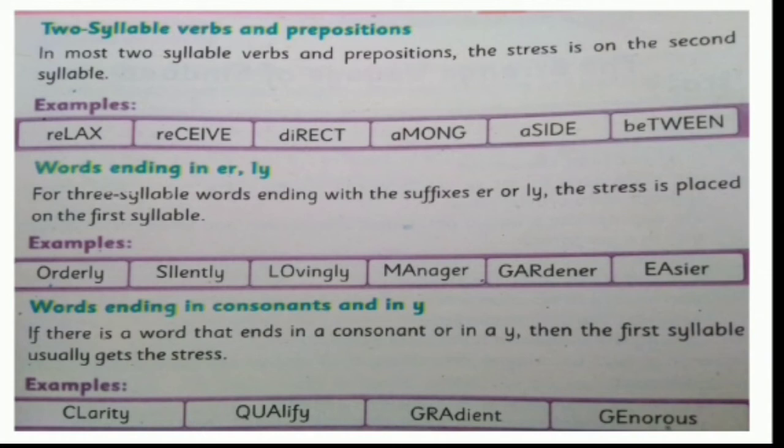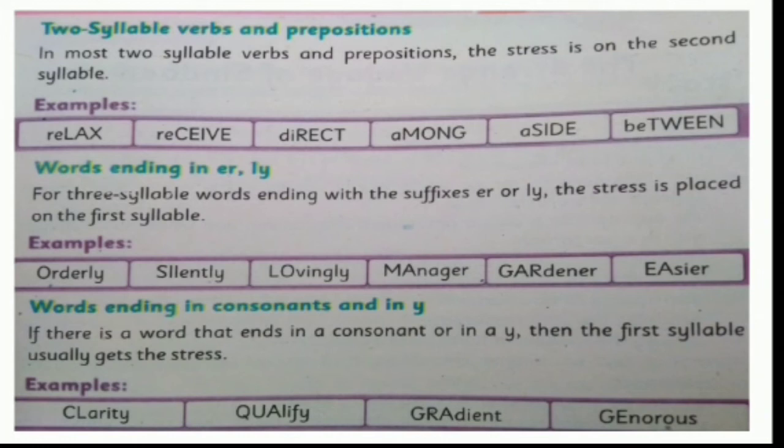Words ending in consonants and in y. If a word ends in a consonant or in a y, then the first syllable usually gets the stress. Up till now we have considered that usually we put stress on the first syllable.